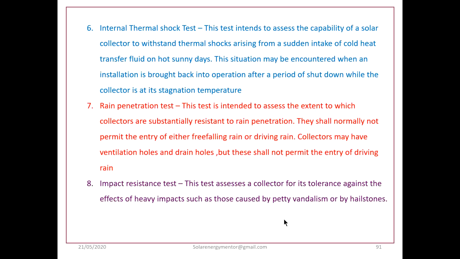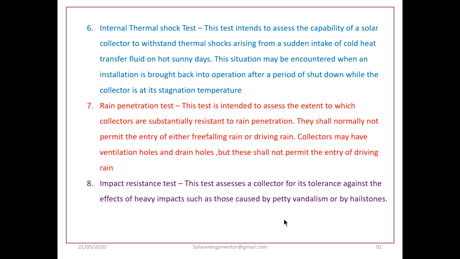So again, on a hot sunny day, say on 15th or 16th of May, when the solar radiation intensity is of the order of say 800, 900, 950 watt per meter square, if the collector is brought into operation and at that time the collector fluid inlet temperature is cold, say 25 degrees Celsius, the internal structure of the collector experiences thermal shock.